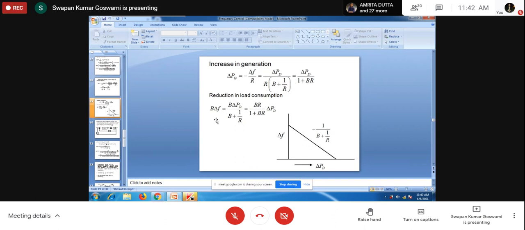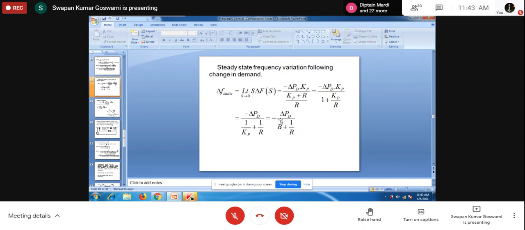Now you see that, say during the morning time, our system is operating at this point. Say this is our demand and this is our frequency. Say now load increases from here. So what will happen? At steady state, this increase in demand will result in some reduction in frequency, because as we have seen, at steady state frequency will fall unless we change the position of the speed changer.